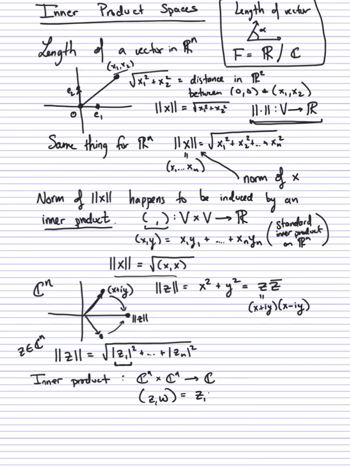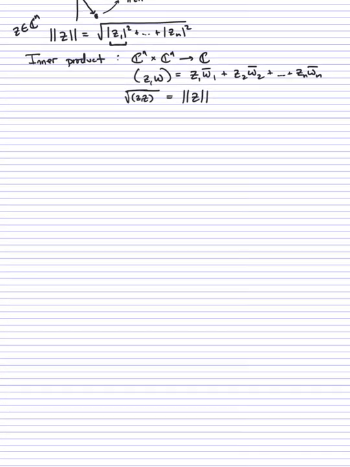So you take Z1 W1 conjugate plus Z2 W2 conjugate up through Zn Wn conjugate. Again, if you take the square root of the inner product of Z with Z, you'll get the norm of Z.